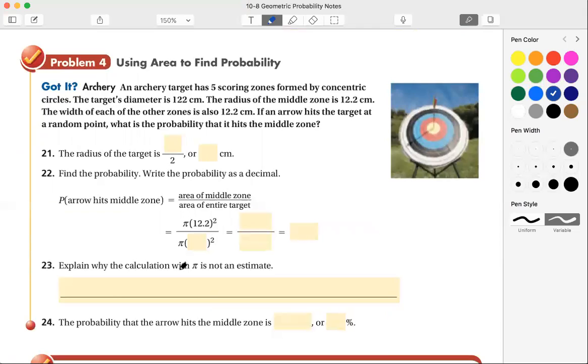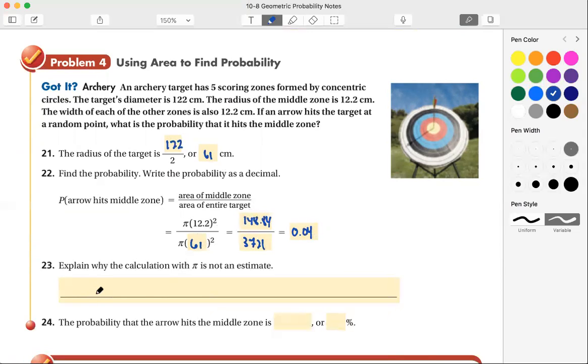The radius of the target is 122 divided by 2, or 61 centimeters. Find the probability: pi times 12.2 squared over pi times 61 squared, which is 148.84 divided by 3721, which equals 0.04.